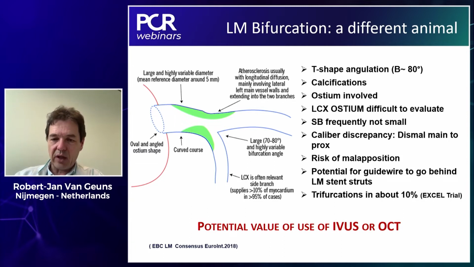There might be more calcifications in the ostium of the side branch. It's really difficult to assess, and we will talk about that a bit later on. The side branch in this case is not very small, and the left main by itself, on the left side of the figure, might be really large, 5 millimeters. The LAD might have significant tapering, 3 or 4 millimeters in diameter. And frequently there are also trifurcations.